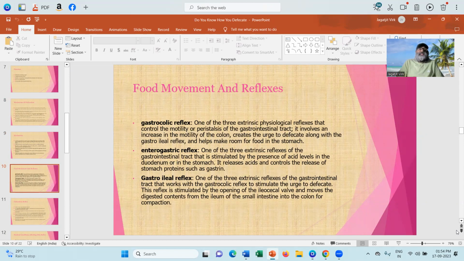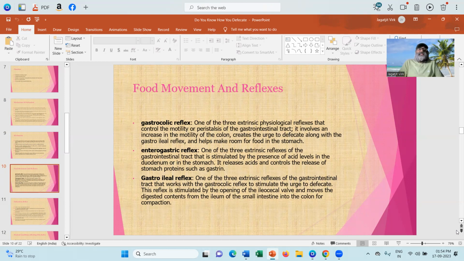Gastrocolic reflex, one of the three extrinsic physiological reflexes that control the motility or peristalsis of the gastrointestinal tract. It involves an increase in the motility of the colon, creates the urge to defecate along with the gastroileal reflex, and helps make room for food in the stomach.